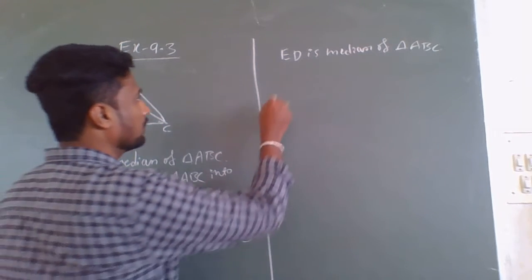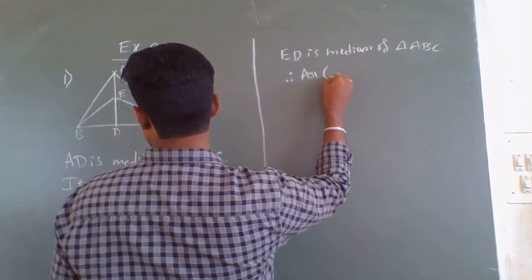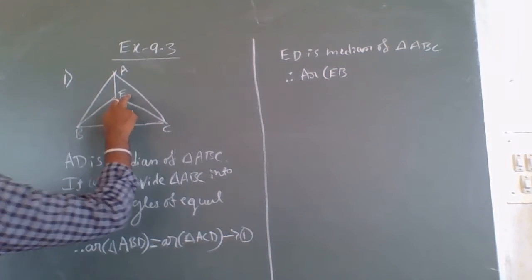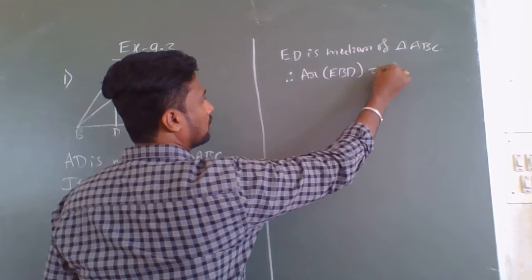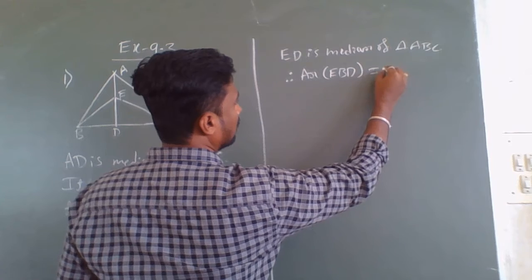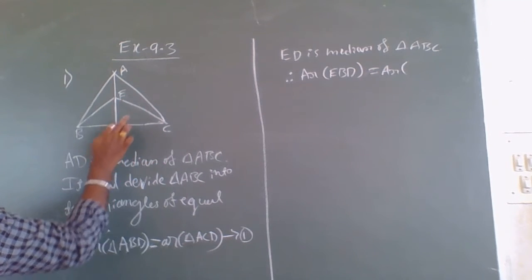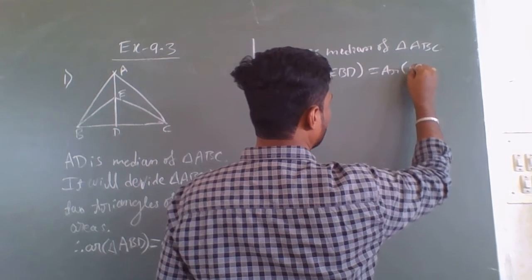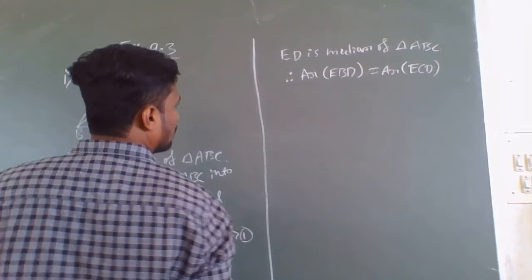So here I will write, therefore, area of EBD equals area of ECD, this triangle. Okay.